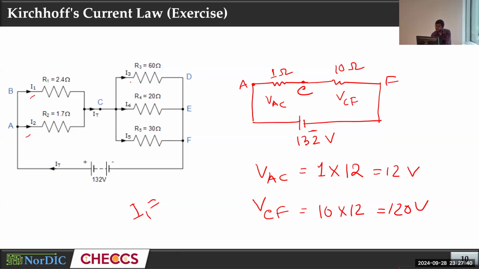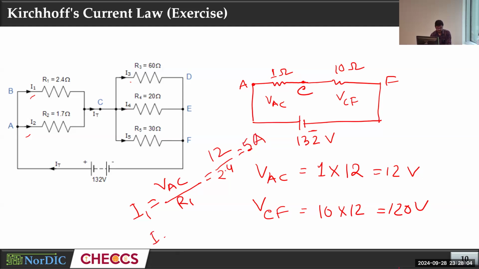It should be VAC, because this network is about AC. For both of the resistors, the voltage is the same, which is VAC. That's why we calculated VAC. So for I1, it should be VAC by R1, which is 12 by 2.4. It should be 5 ampere.